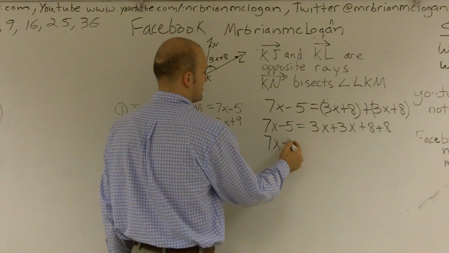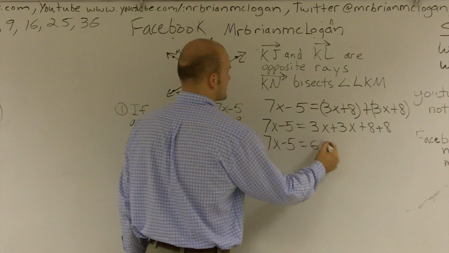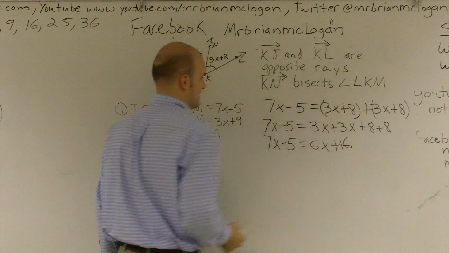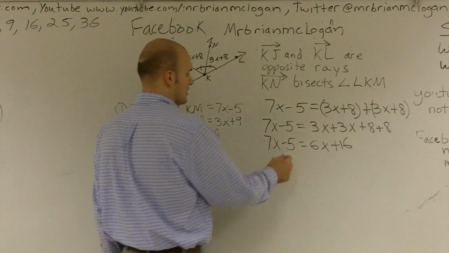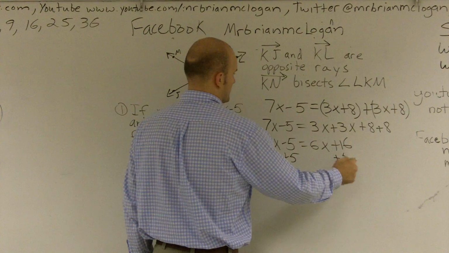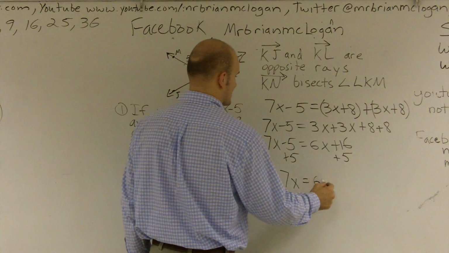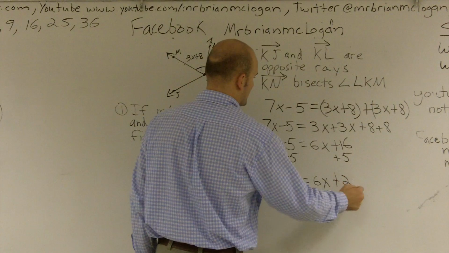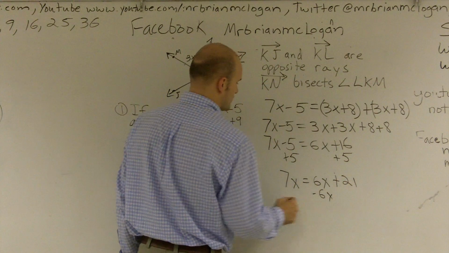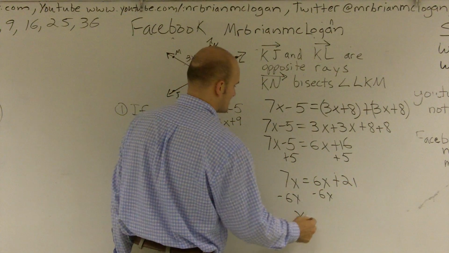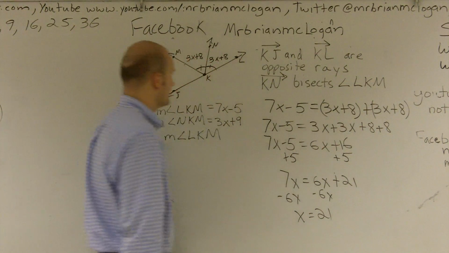So I have 7x minus 5 is equal to 6x plus 16. I will add 5. Therefore, I get 7x is equal to 6x plus 21. Subtract 6x, x now equals 21.